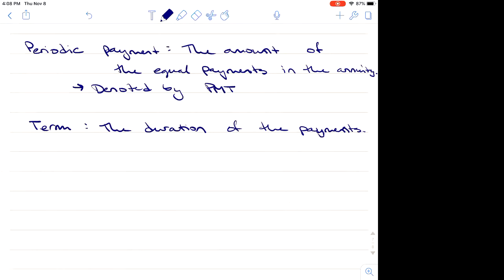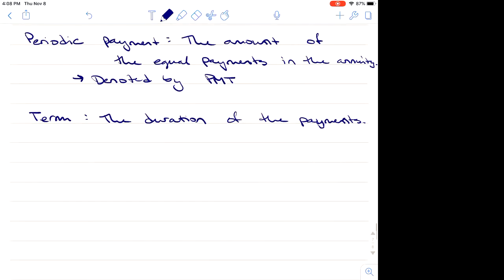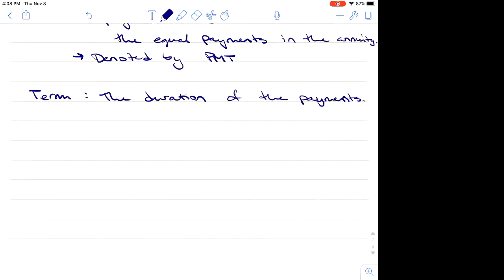Yikes. Same thing with mortgages, 20 years, 25 years. The glory days of 30 years have come and gone. I think you were able to get 30-year mortgages for a while. Not anymore. Anyways, that's the term of the payments. All these things we kind of know just from life.